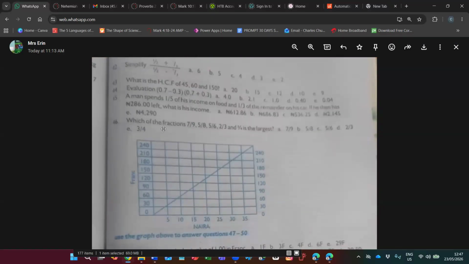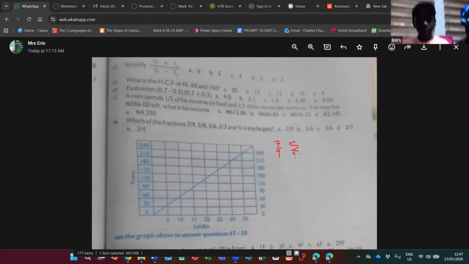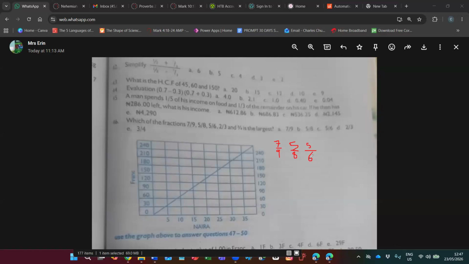Now, number 46. Which one is the largest? They're now asking us to arrange in ascending order: 7/9, 5/8, 7/9, yes, 5/6, another 5, 2/3, and what?